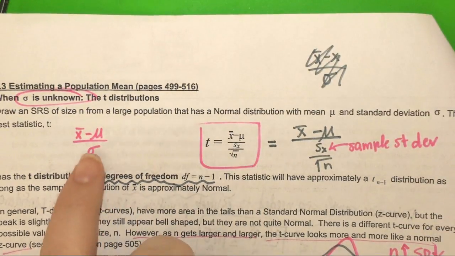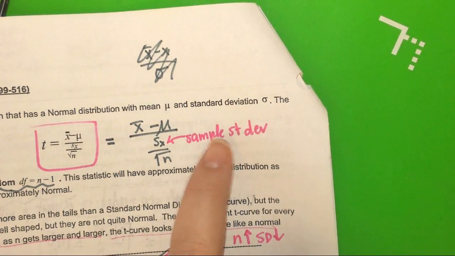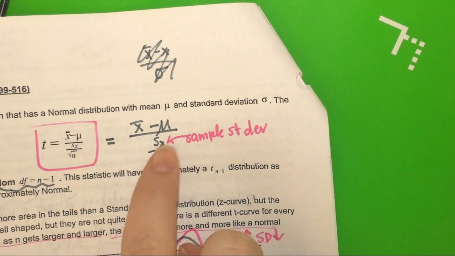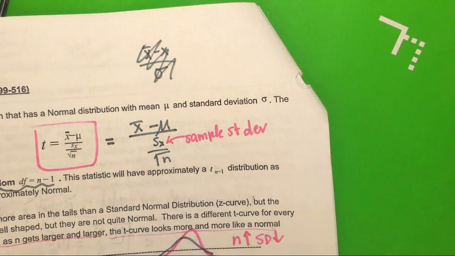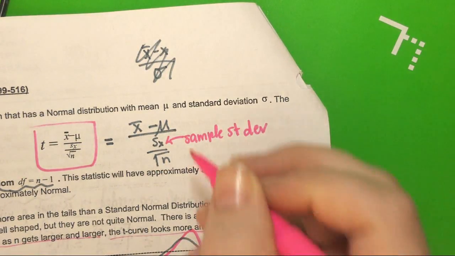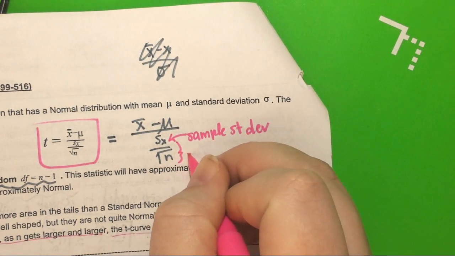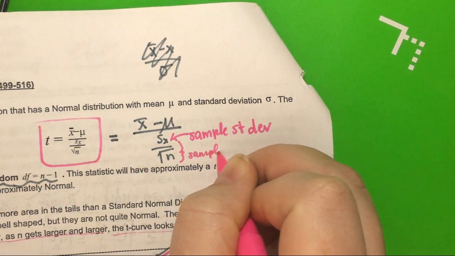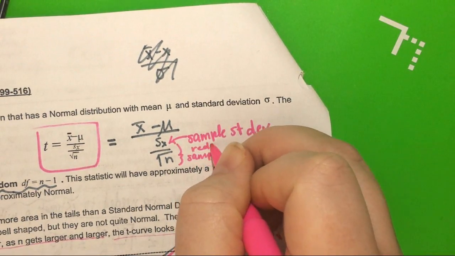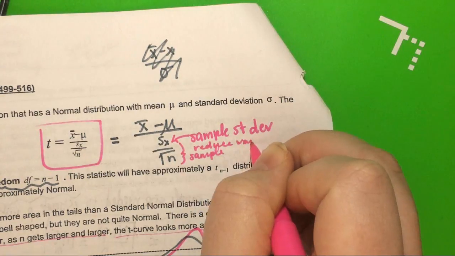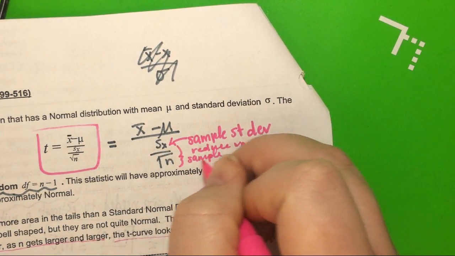So because, in reality, we don't know the standard deviation of the population, we do know the standard deviation of the sample, and if we divide the sample by the square root of n, which is just reducing some variability, because n is our sample size, so we're trying to reduce variability, by dividing by the square root of our sample size.